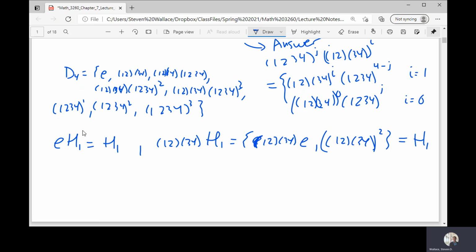Then more interesting ones would be, say, the rotation times H1, and that's going to be the rotation, and then this rotation times the reflection.